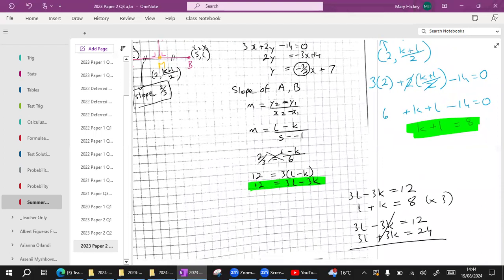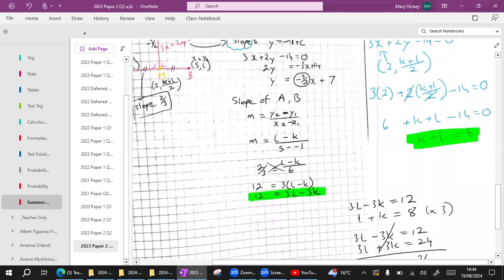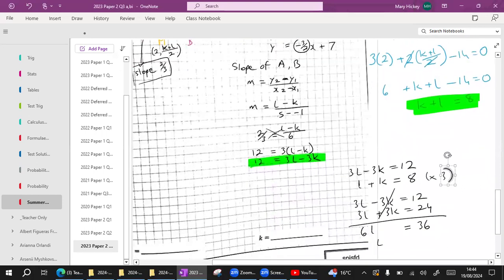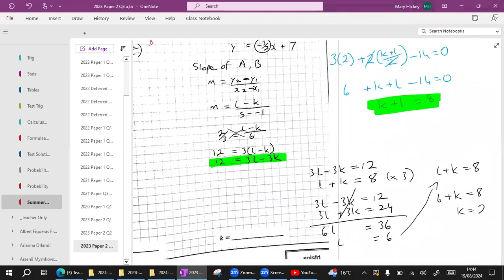The K's cancel and I'm left with 6L is equal to 36. And that means that L is 6. Now, if L is 6 and I know that L plus K is equal to 8, then I immediately know that K is 2. So my answers are K is 2 and L is 6.